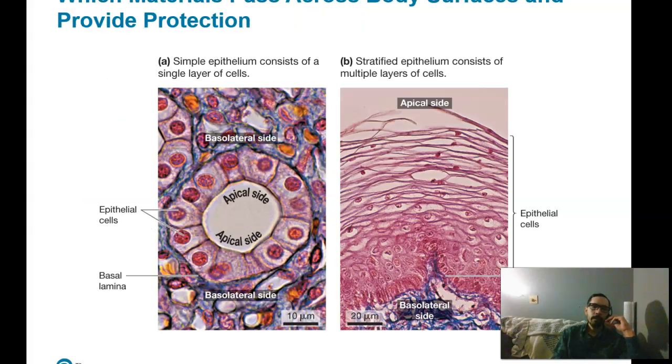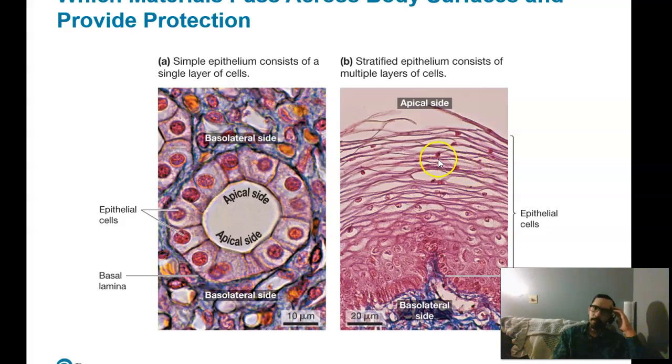Okay, so the tissues throughout your body have two sides to them. There's the apical side, which would be the side that faces inward, and then there's the basolateral side, the side that faces other tissue types. The apical side is usually the side that has more wear and tear, or where the cells don't live as long.